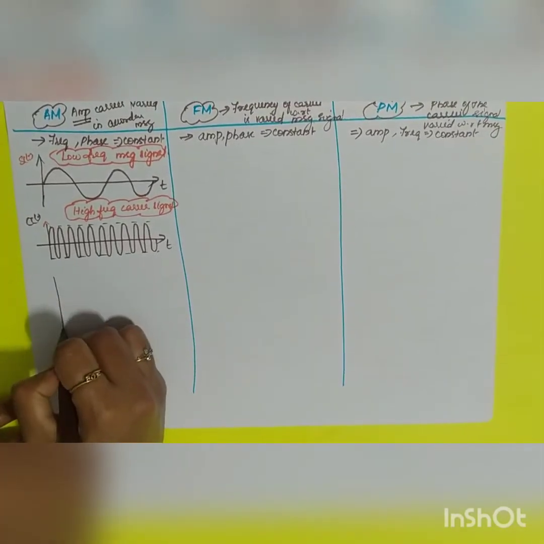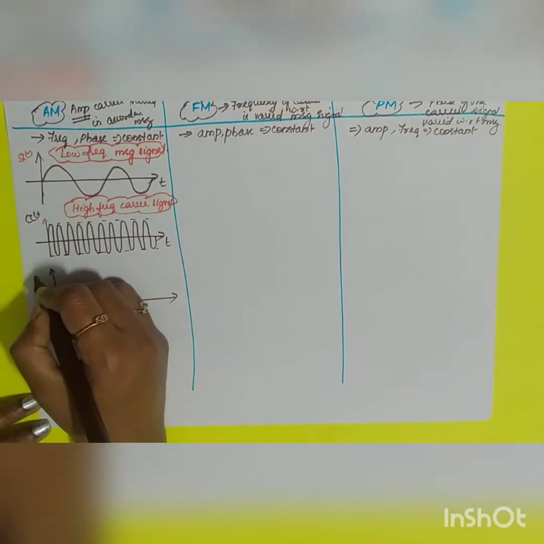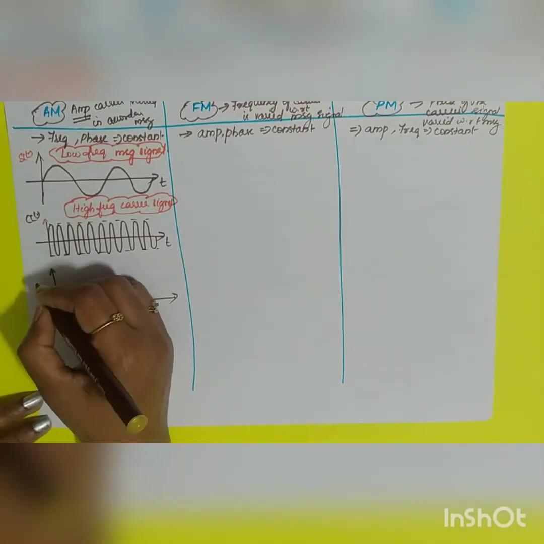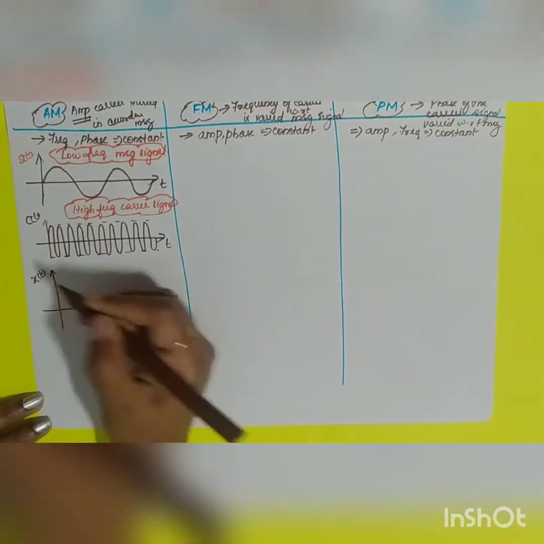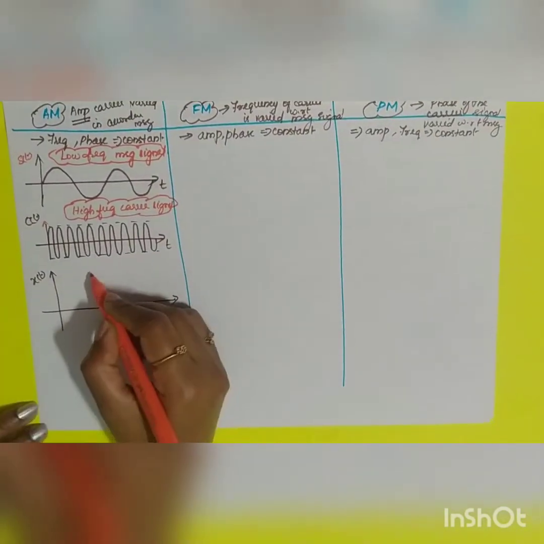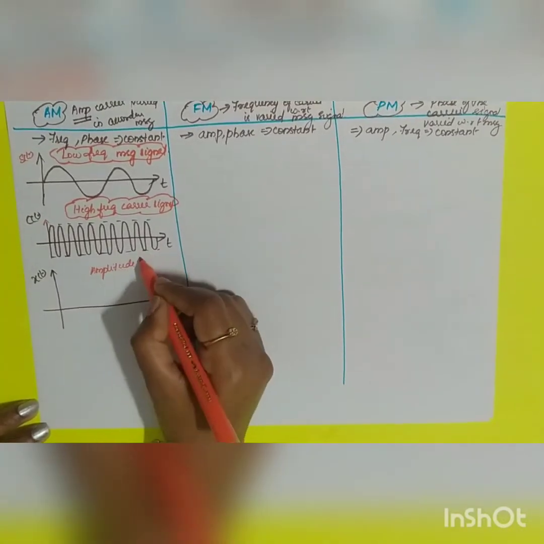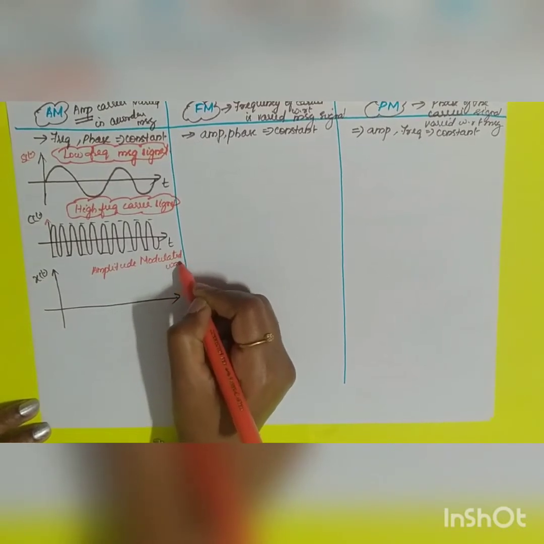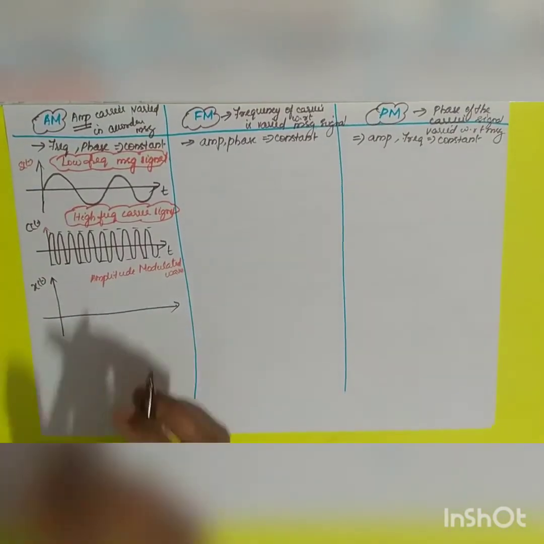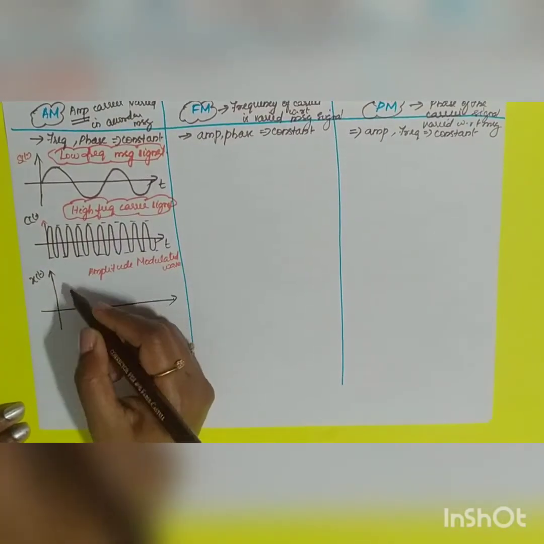Now what will be the structure of your amplitude modulated wave? Let me take it as x of t. This will be your amplitude modulated wave. Your amplitude modulated wave will take the envelope of your message signal.